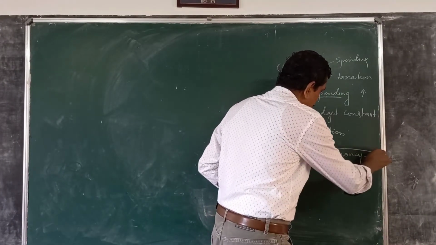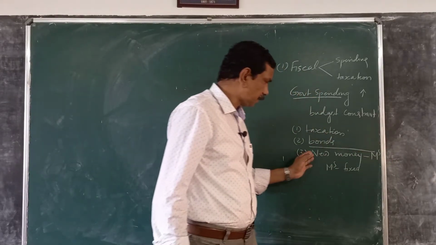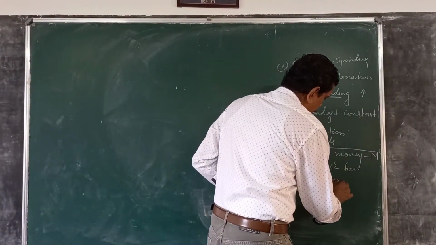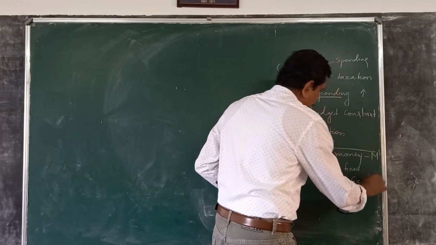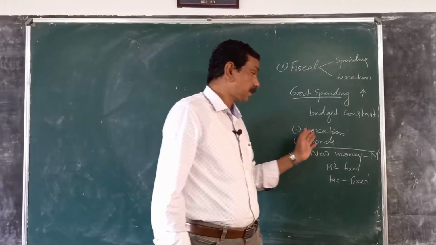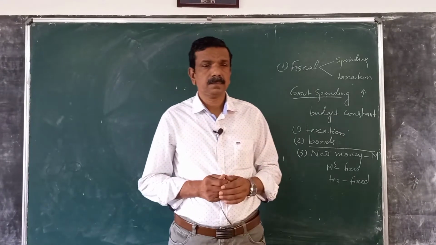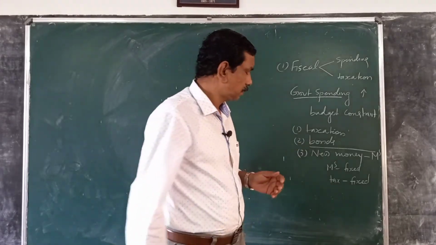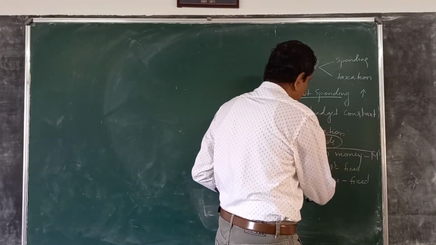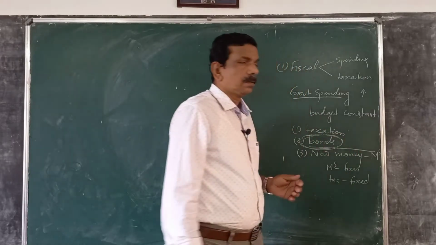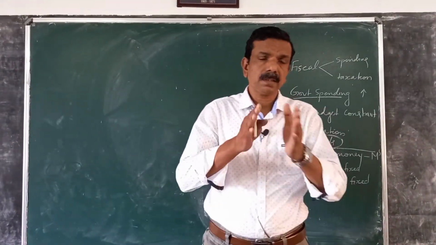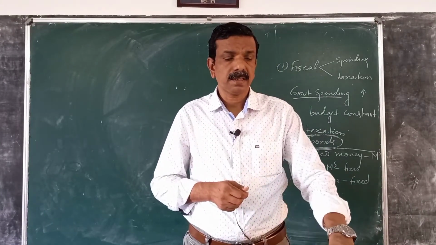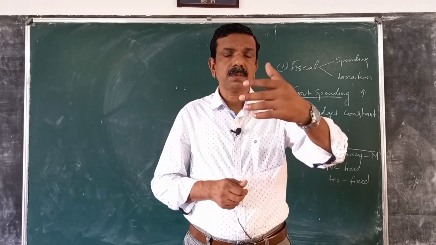That means increased spending is not financed by printing new currency. We also assume that tax is fixed. Increased spending is not compensated by increase in taxation. So, increase in government expenditure is financed by selling bonds to the public.